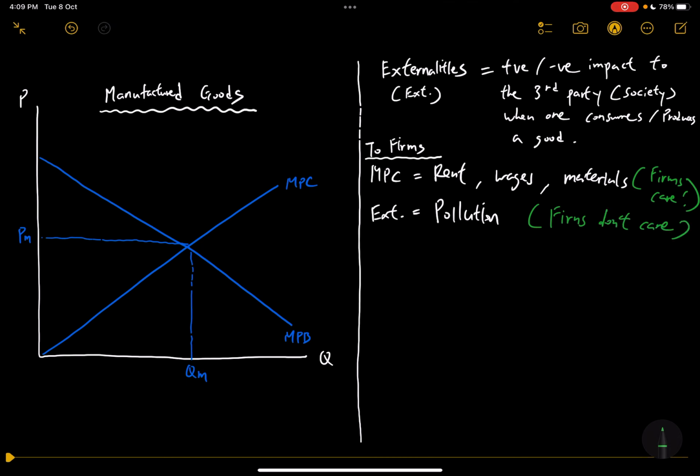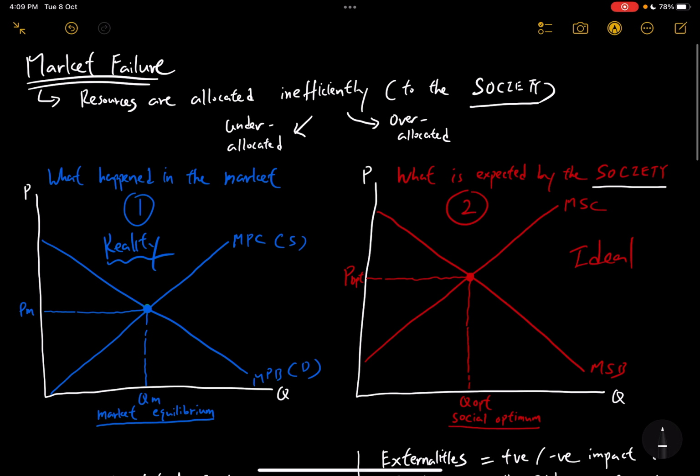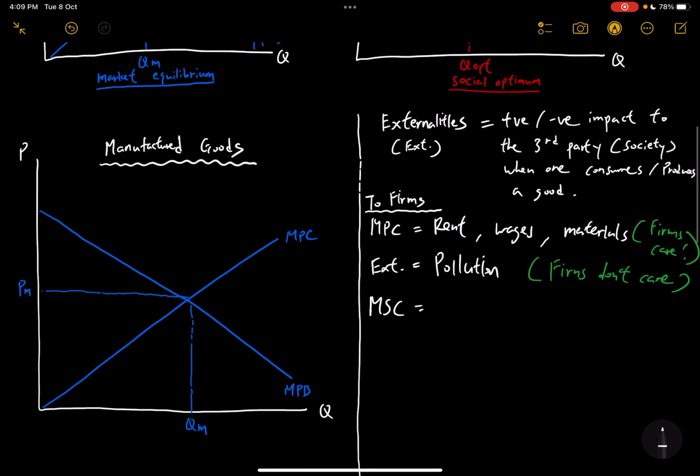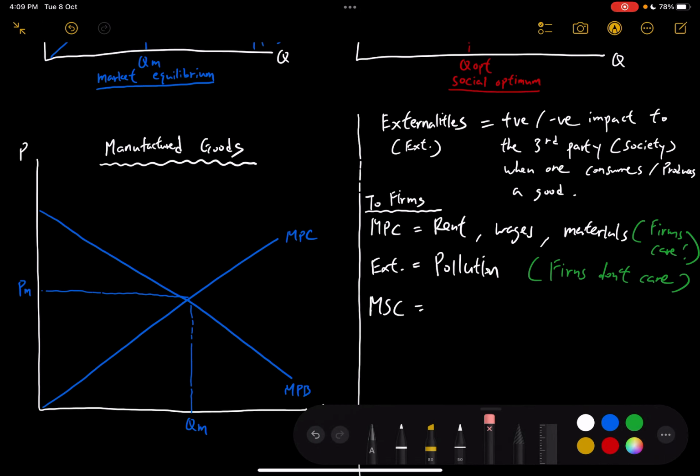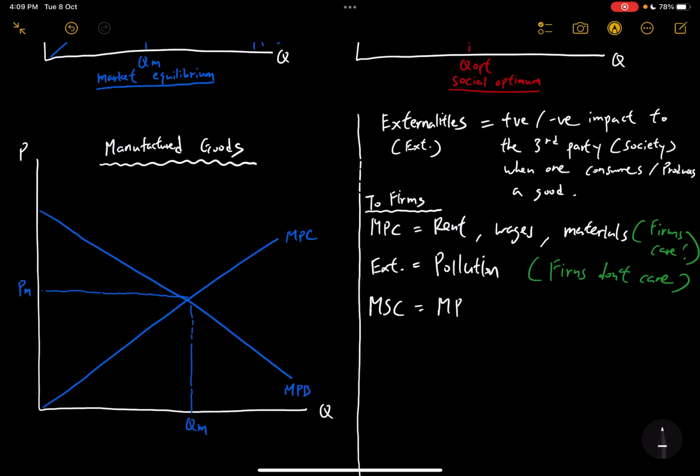So if this is the case, then you are able to find out what's going to happen when you look at the whole thing from the society point of view. Right here, there is another element, which is what we call marginal social cost, from the society point of view. There's an equation: marginal private cost plus externality.